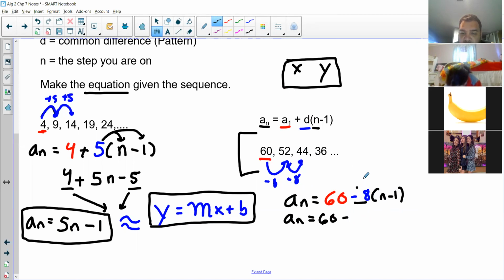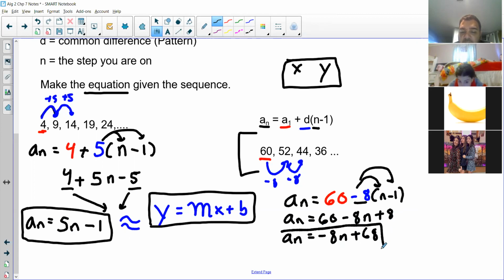We're going to distribute this negative 8, so make sure you bring the negative with it. Negative 8n, and a plus 8, because double negative becomes positive. Combine like terms, negative 8n plus 68. So that should be your final answer.